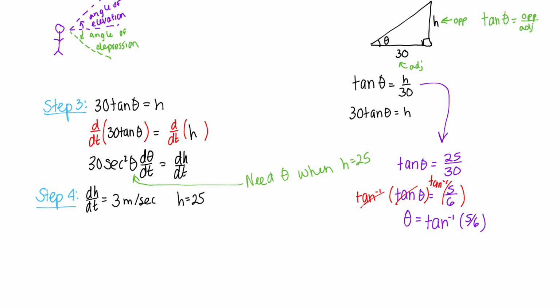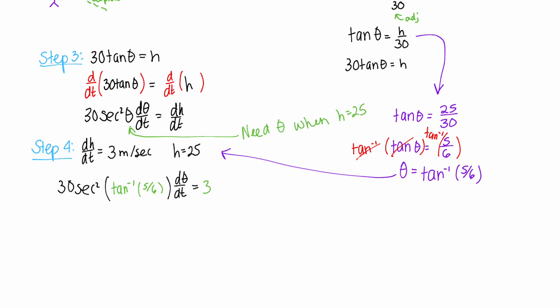So we have that information now. Plugging in everything we have 30 secant squared, and we're going to have to be really careful with, I'm going to do parentheses. Secant squared theta is tan inverse of 5/6 times d theta dt equals dh dt is 3.